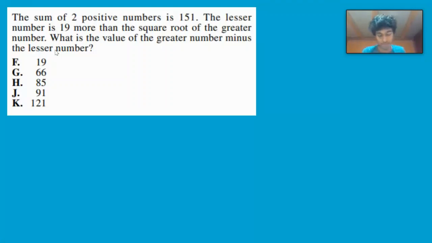Okay, so we're given that the sum of two positive numbers is 151, and the lesser number is 19 more than the square root of the greater number. So what is the value of the greater number minus the lesser number? We can let x be the large number and y be the small number.